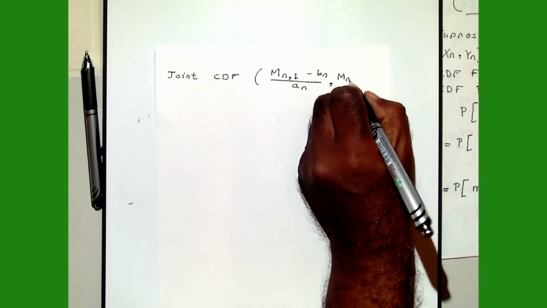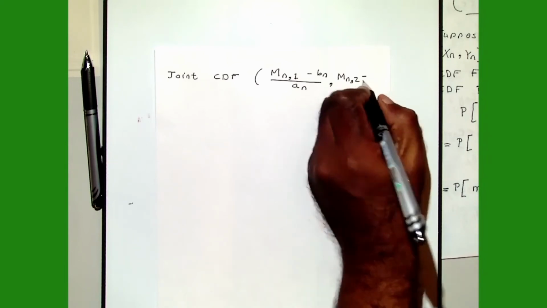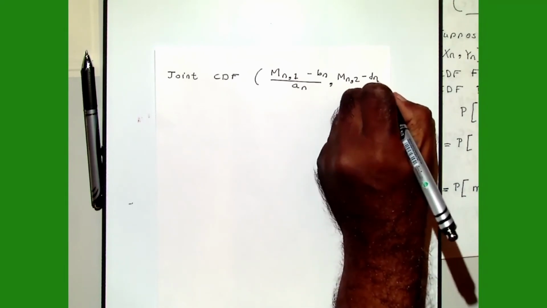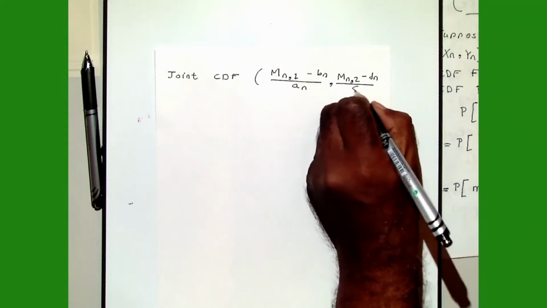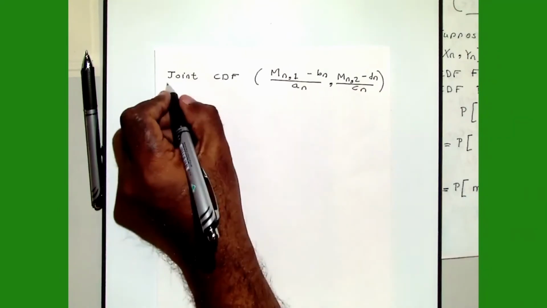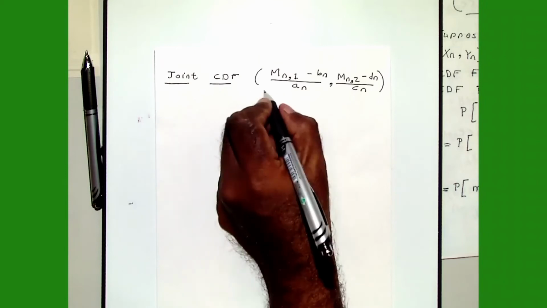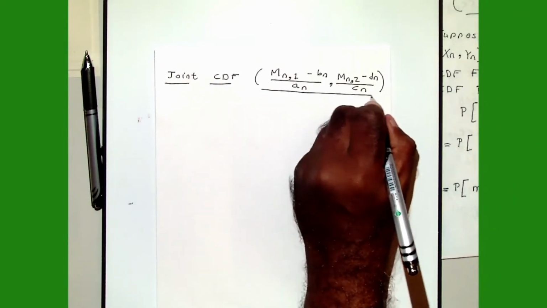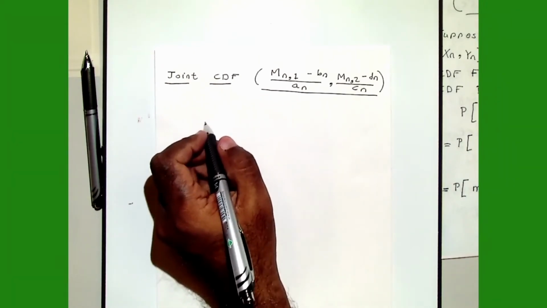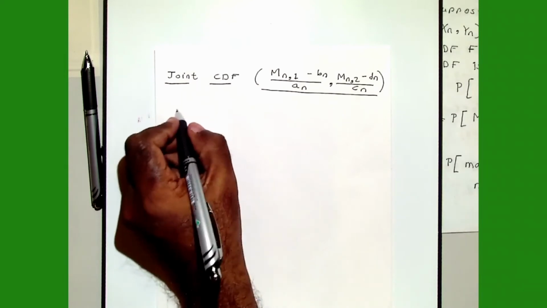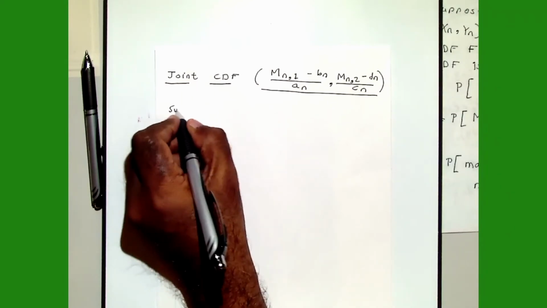The reason for that was explained in the first chapter, because if you do not scale them, you will not get a meaningful limiting distribution.